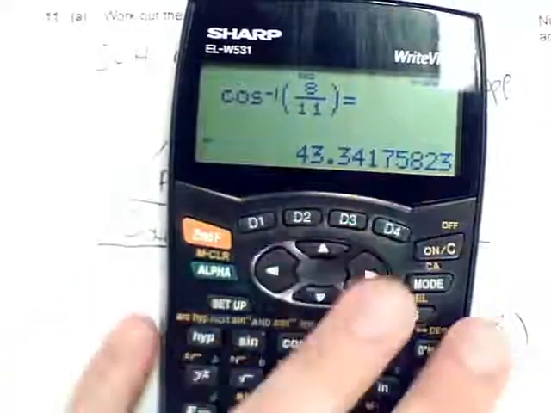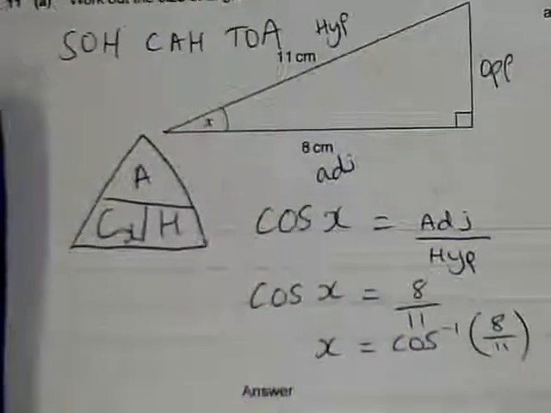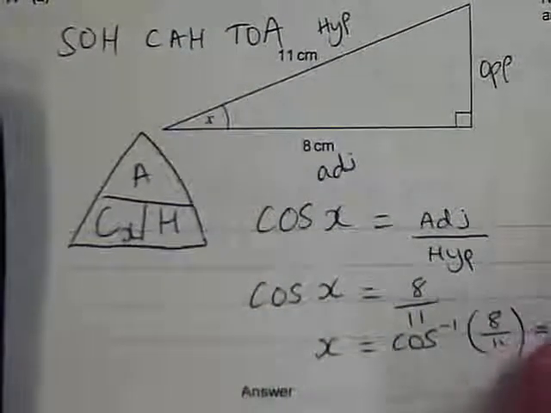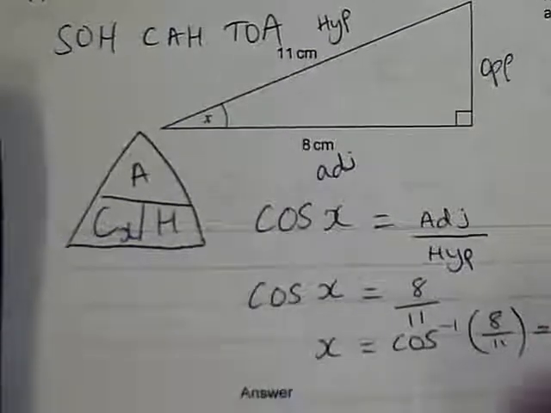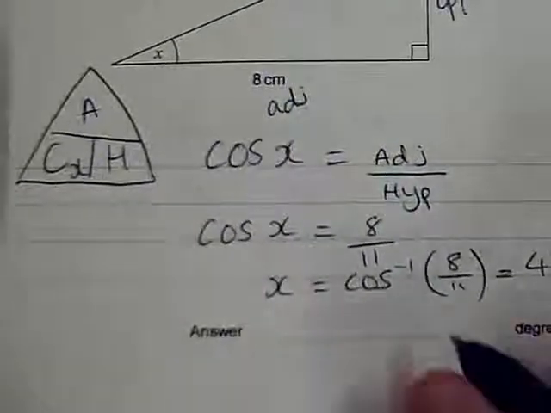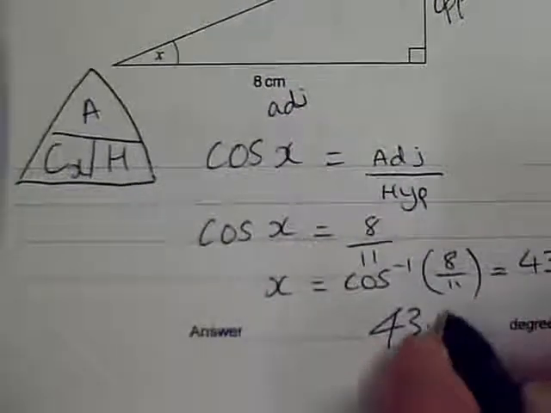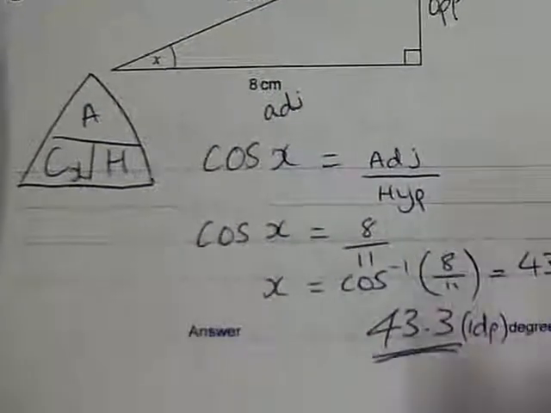And that gives me 43.34. It doesn't tell me how to give my answer, whether I need to round it or not. So I'm going to write 43.341... to show the examiner that the line goes on forever. And then in my answer I'm just going to write 43.3 to 1 decimal place.